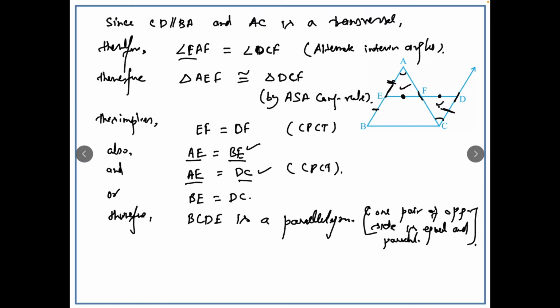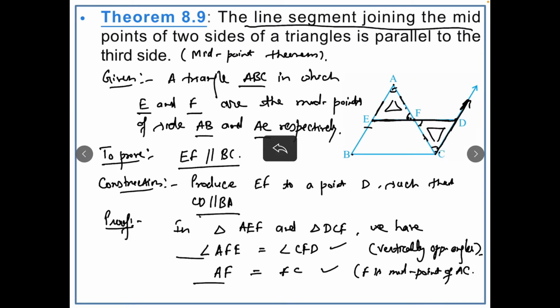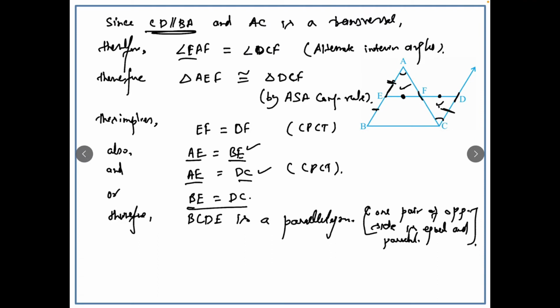This is theorem 8.8, which says: if one pair of opposite sides of a quadrilateral is equal and parallel, then the quadrilateral is a parallelogram. So what we got is one pair of opposite sides is equal, and we already know, like I've written here, that these are parallel. So we got these two sides parallel and equal.